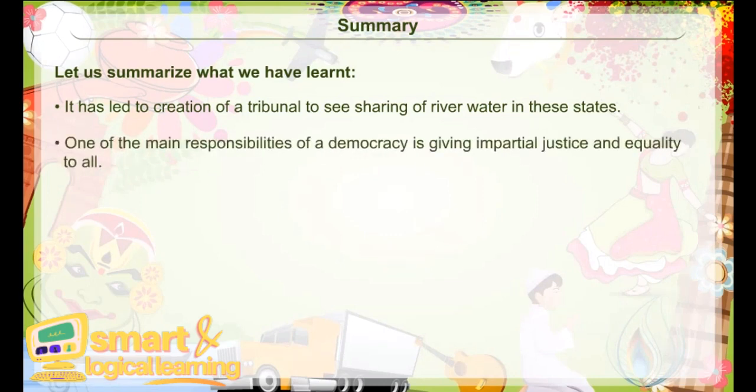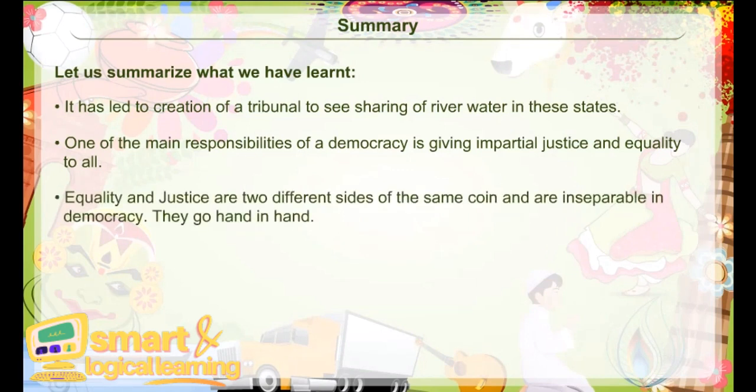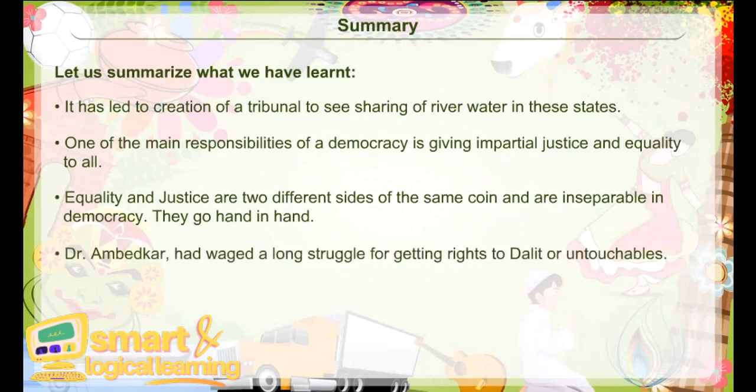One of the main responsibilities of a democracy is giving impartial justice and equality to all. Equality and justice are two sides of the same coin and are inseparable in democracy. They go hand in hand. Dr. Ambedkar had waged a long struggle for getting rights for Dalits or untouchables.